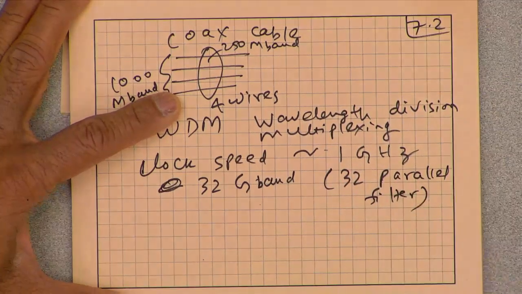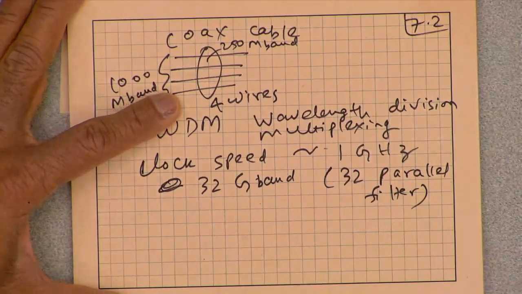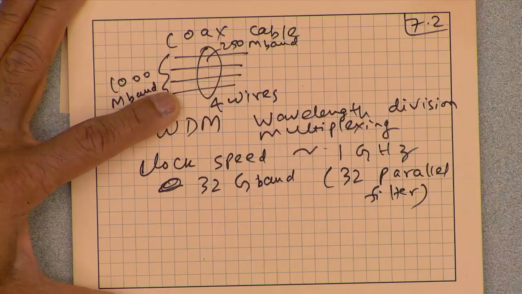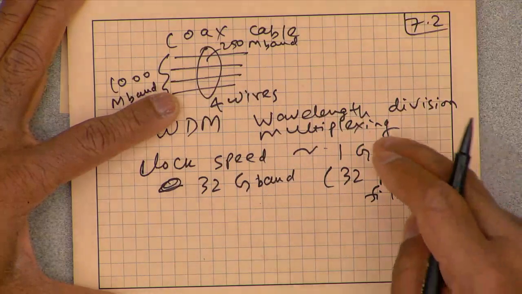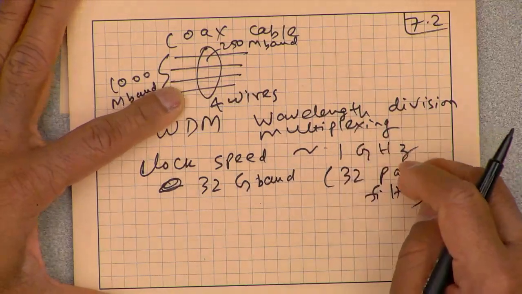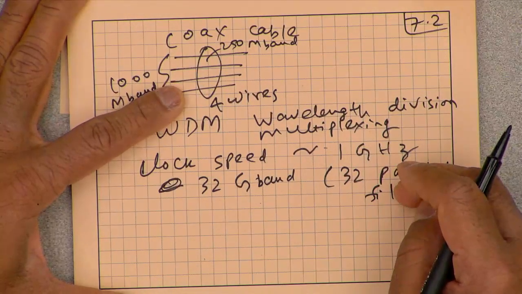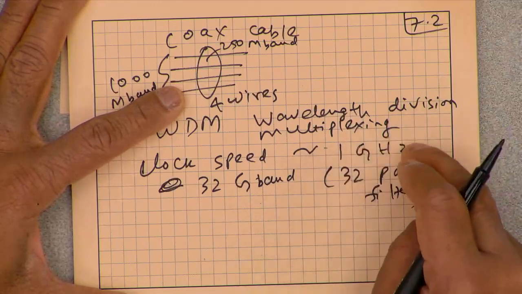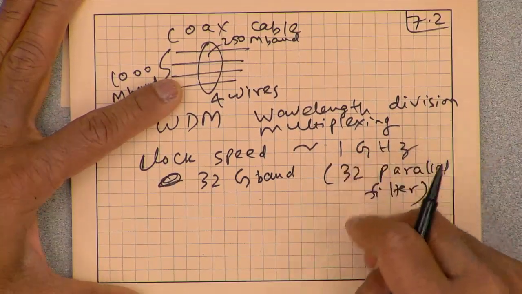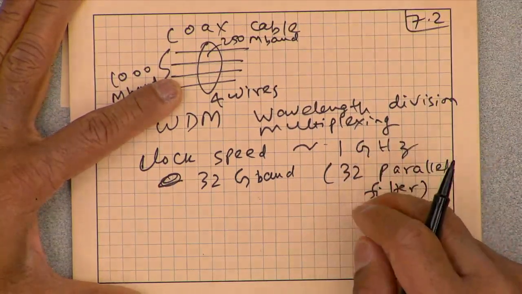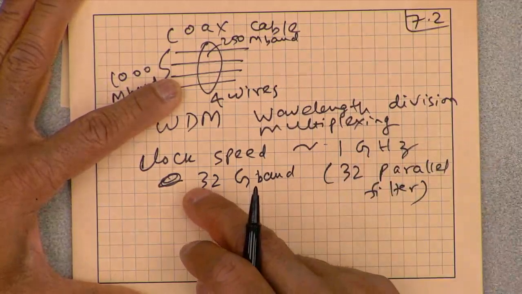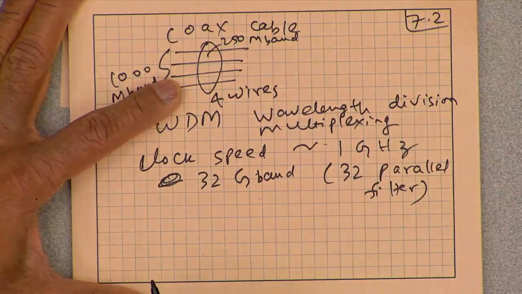So the electronic chip has to implement hardware such that I am processing with a clock speed of 1 gigahertz, but I can compute 32 output samples in parallel, which will lead to an effective throughput of 32 gigabaud.